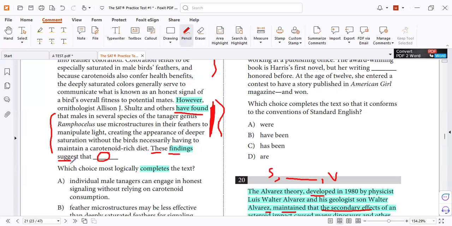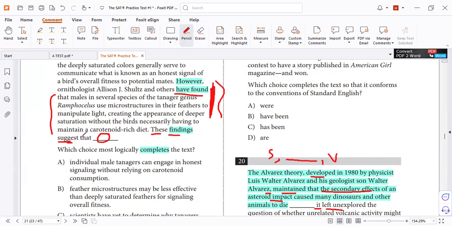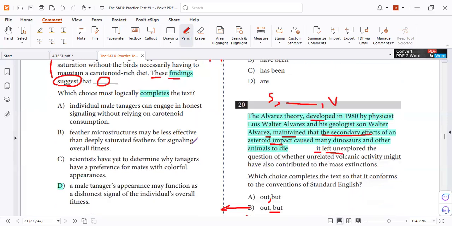But if I said here however, therefore, it depends. If I said however, it must be opposite to the findings. So be careful about synonyms of the word suggest: recommend, contend, point out, assert, the same. But the most common is suggest, by the way. So this is correct. Perfect.